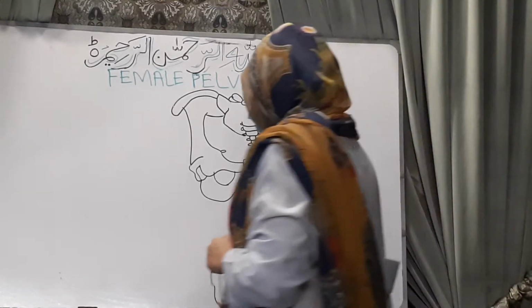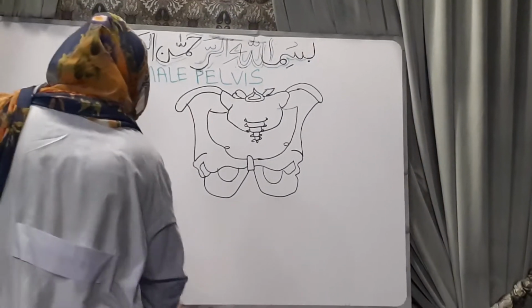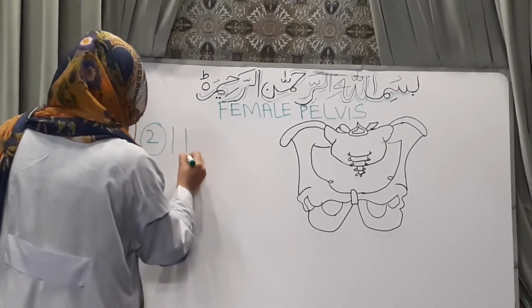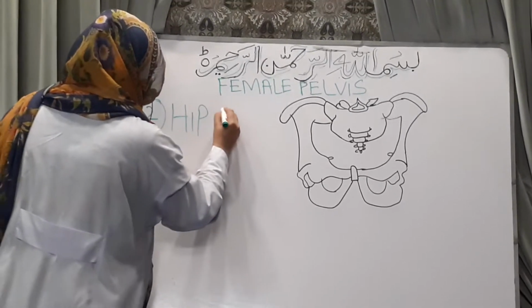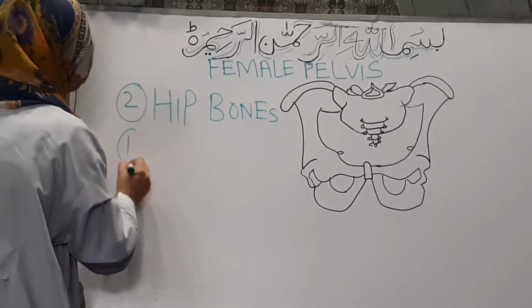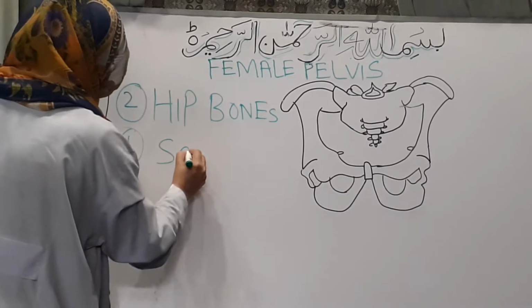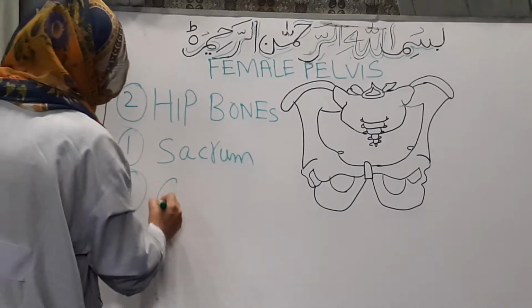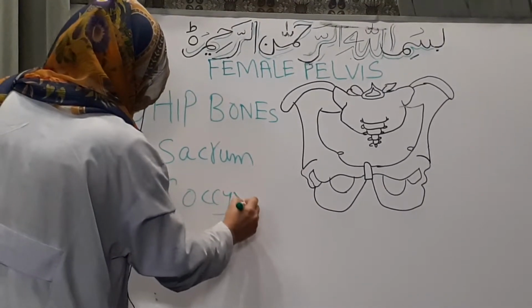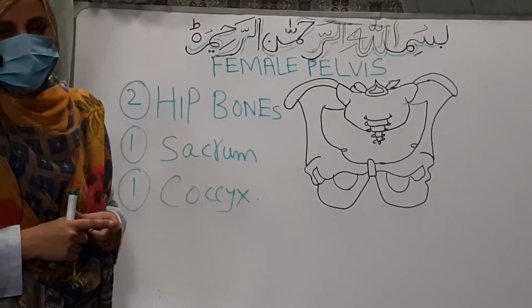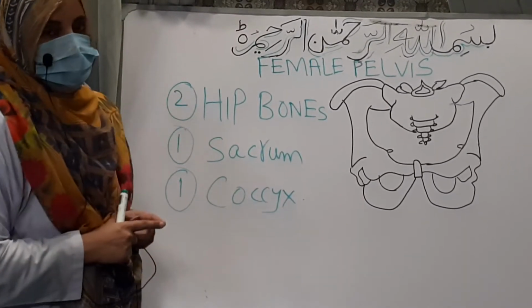The names of these bones are two hip bones, one sacrum, and one coccyx. The bony structure of the female pelvis consists of three bones: two hip bones, one sacrum and one coccyx.